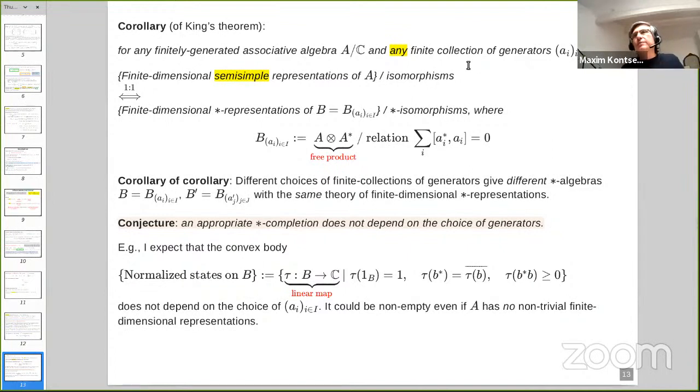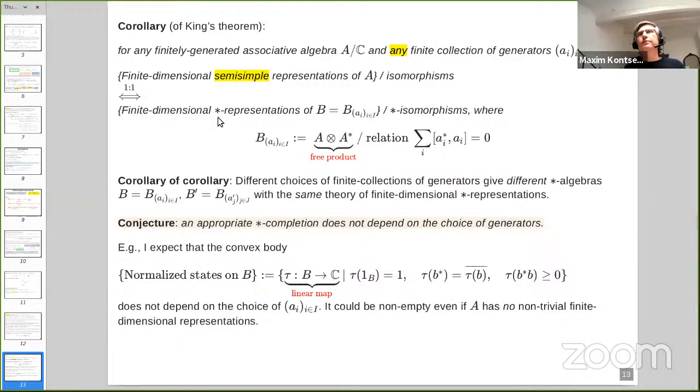You represent your algebra as a quotient of a free algebra, so generators satisfy certain relations. But for closures of the orbit, it doesn't really matter whether it satisfies the relation or doesn't, it's all the same. And so you see that it will be a semi-simple representation of the free algebra as well.